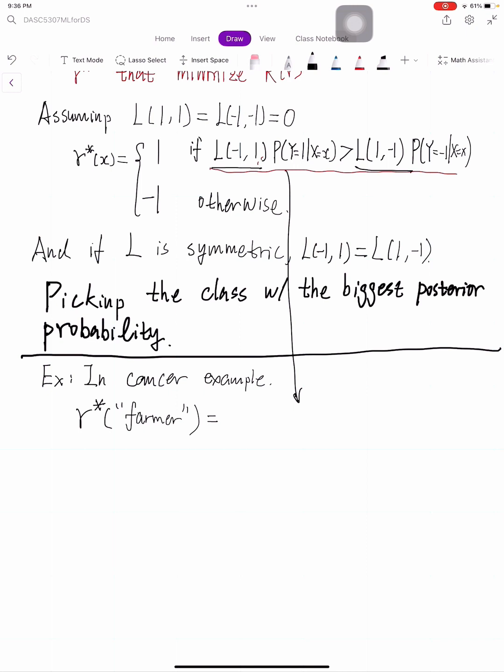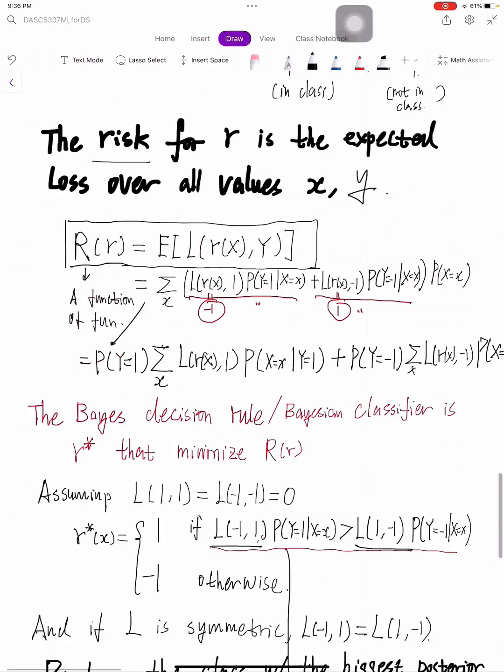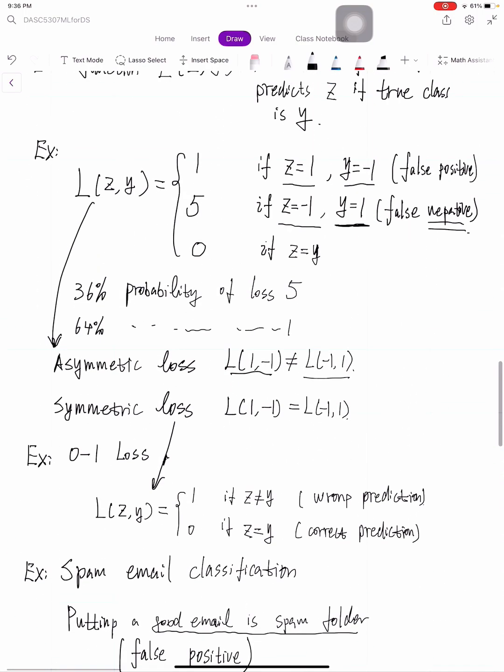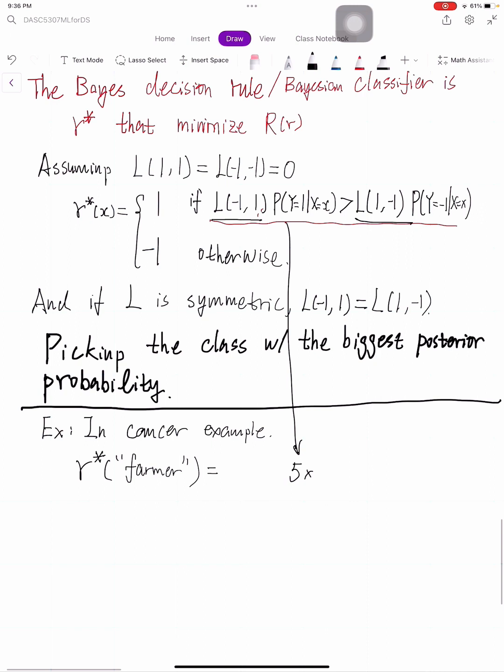We give loss 5, if you recall. So 5 times false negative, we give 36%. Okay, false negative, we have the loss 5 multiplied by 36%.